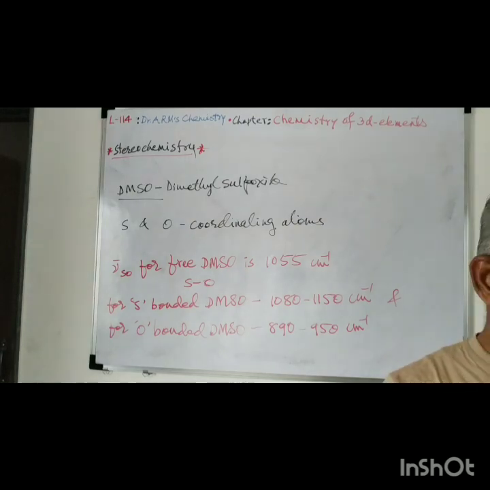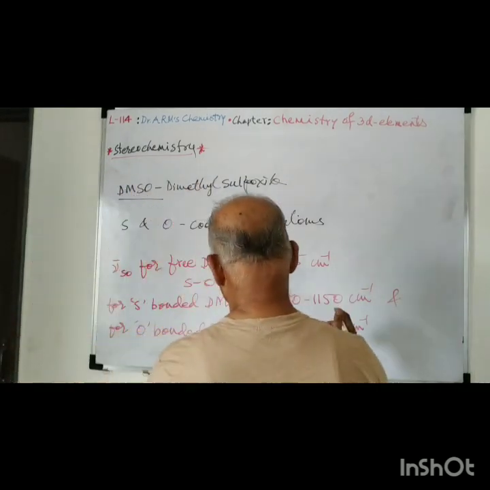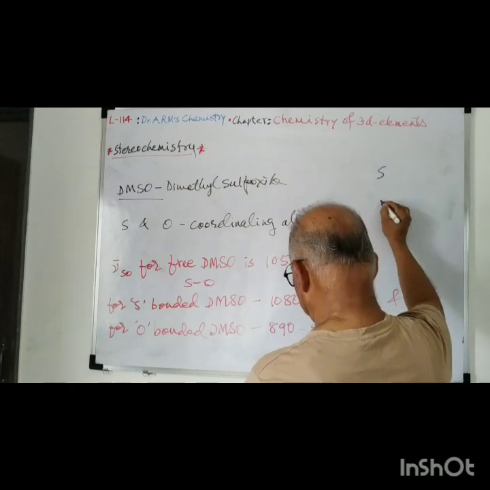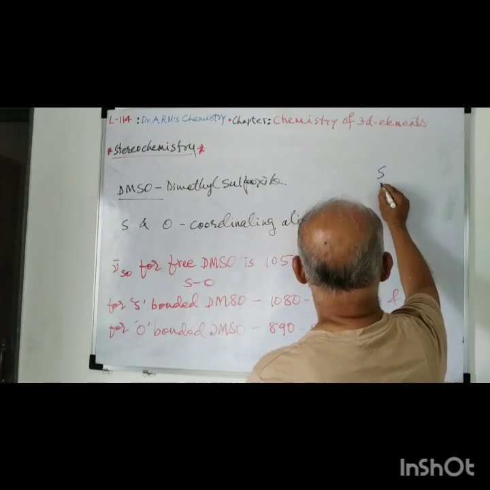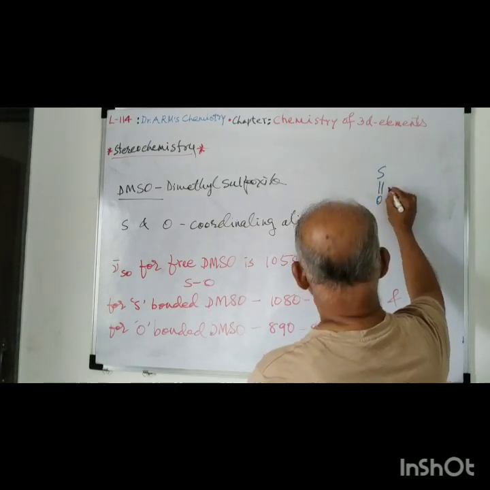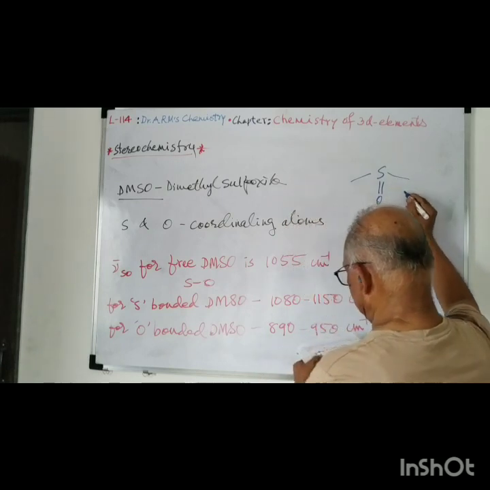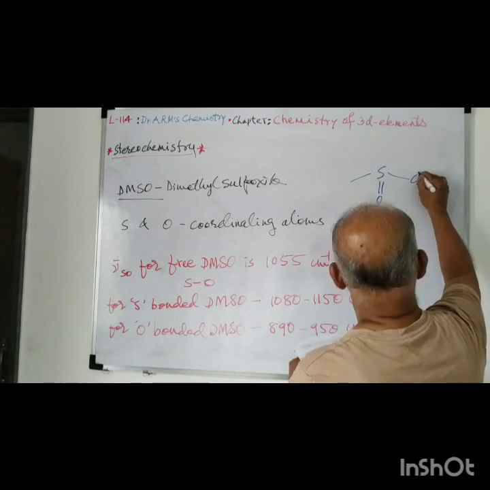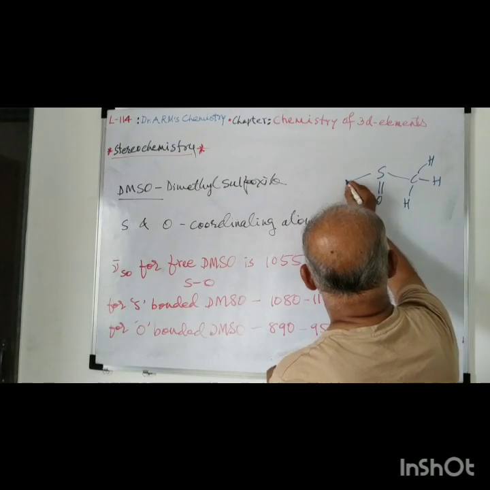The structure of this DMSO is like this. You can say this is sulfur and it is bonded to this oxygen, and these are the two CH3 groups, like this.